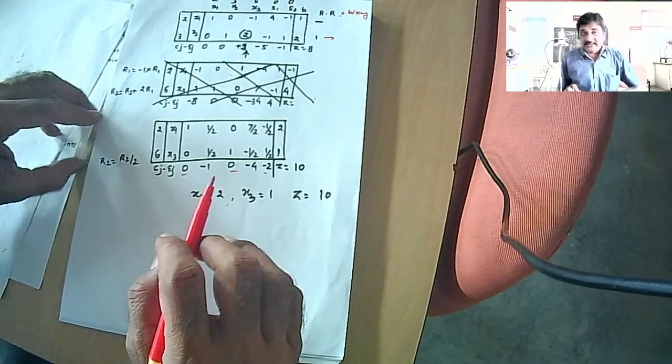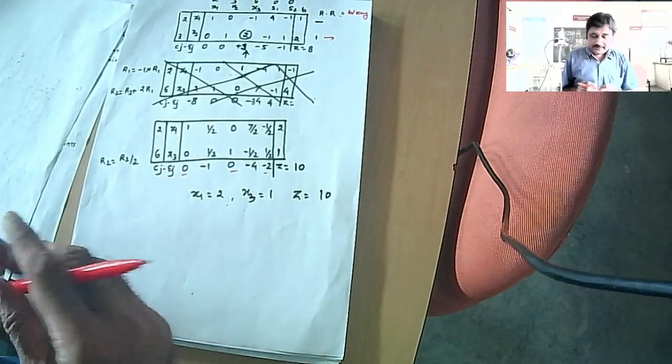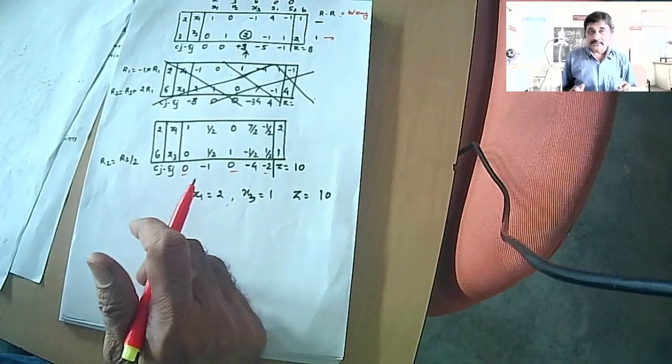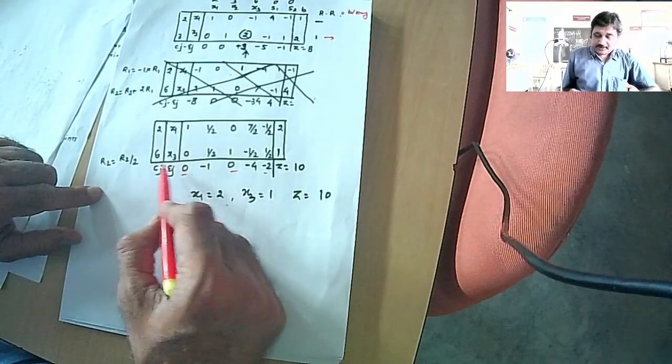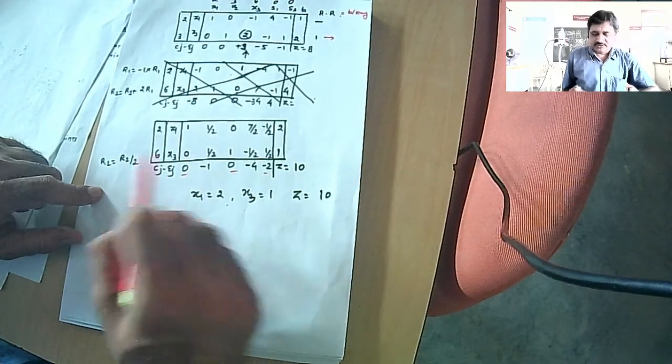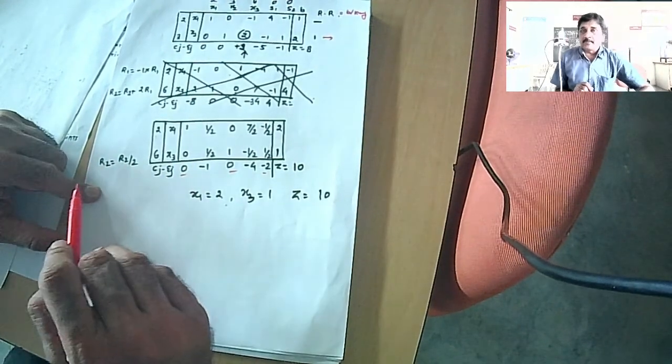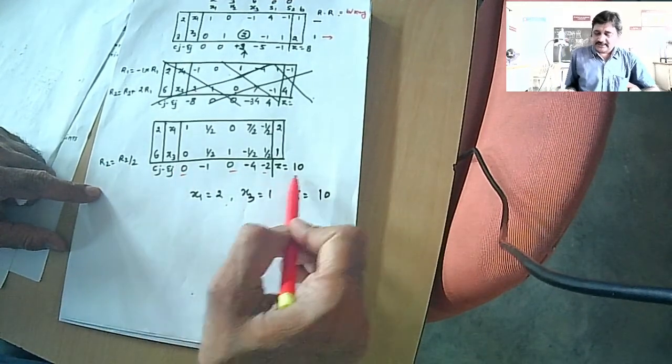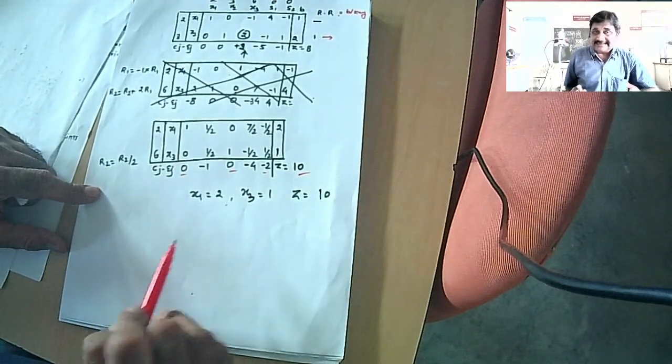Z must increase, then only we'll be producing new product. Okay, new product C has increased its profit per unit from 1 to 6, so it has become more profitable to produce, and that is giving us the profit of rupees 10.